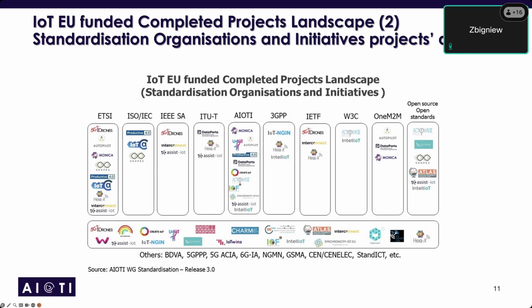It's quite obvious in Europe, but we also have less interest in ISO, IEC, IEEE, and a lot of initiatives in the projects that are contributing to open source and open standards.